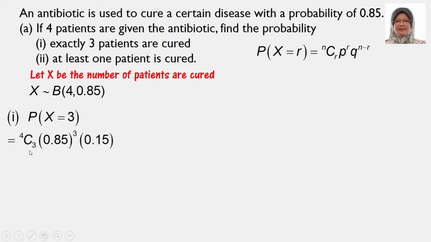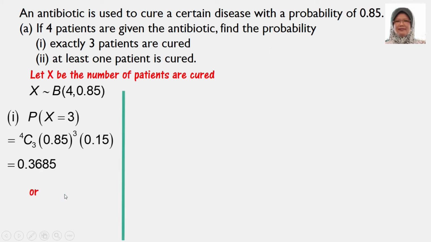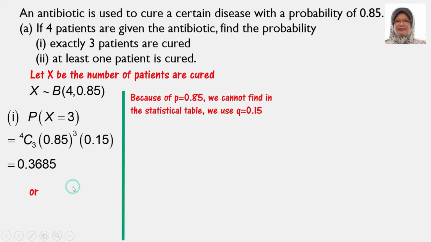So P(X = 3) equals 4C3 times 0.85 to the power of 3 times 0.15, and we get 0.3685.